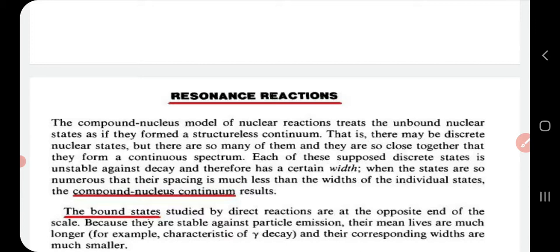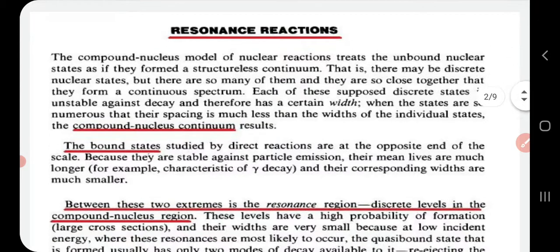When there are a number of such states, their spacing will be very small compared to the width of the individual state. So, the final outcome will be a continuum. The compound nucleus will have a continuum structure.